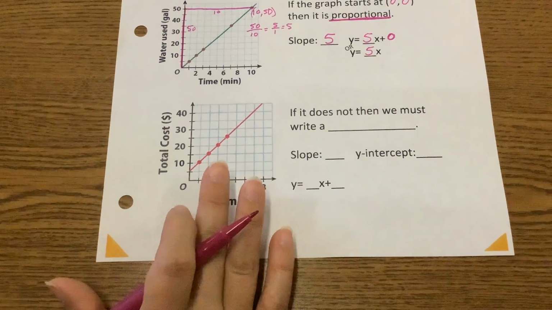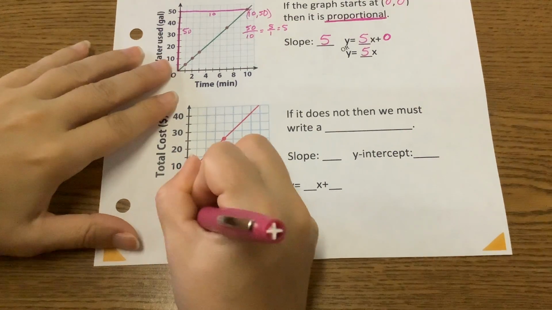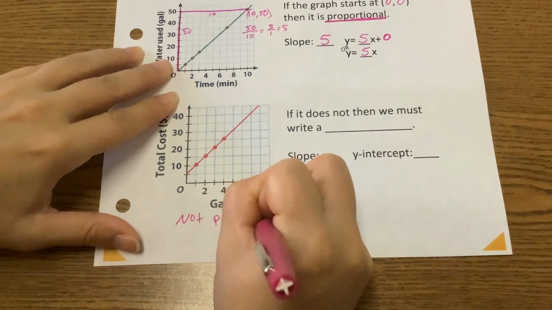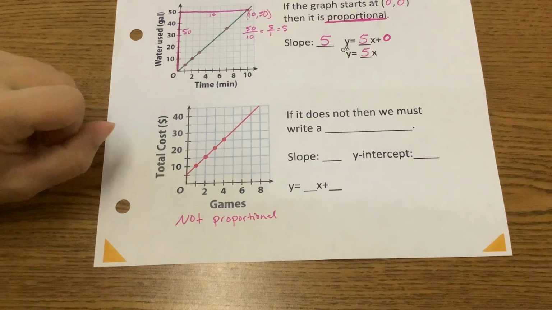All right, for the next example, does this one go through the origin? No, so it's not proportional. So write that at the bottom. Okay, it is not proportional.